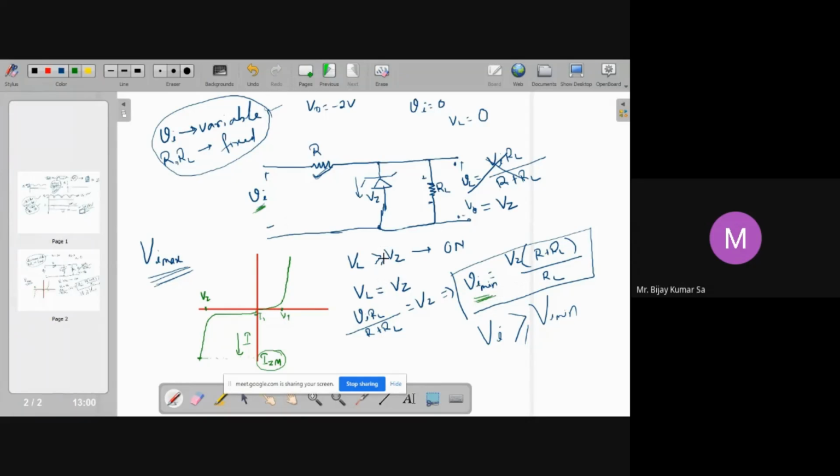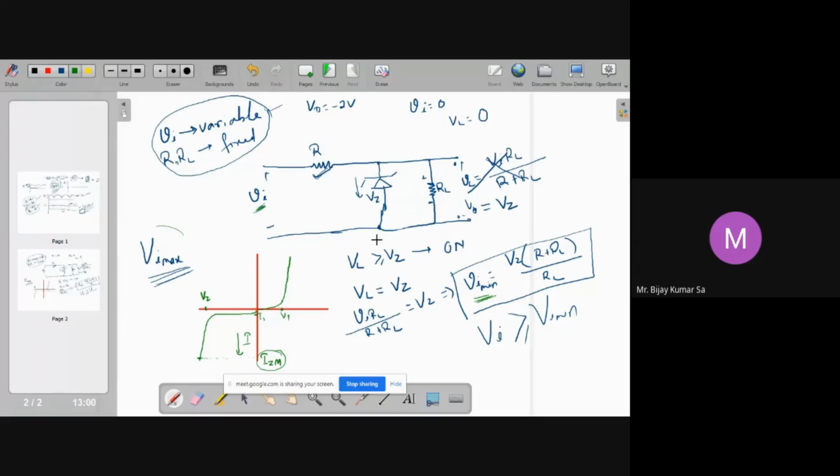It is a task for you. Use your pen, paper, and whatever analysis we have made, and the idea I have given you about this IZM, and you can use the simple Kirchhoff's current law and voltage law to get the value of VI max.